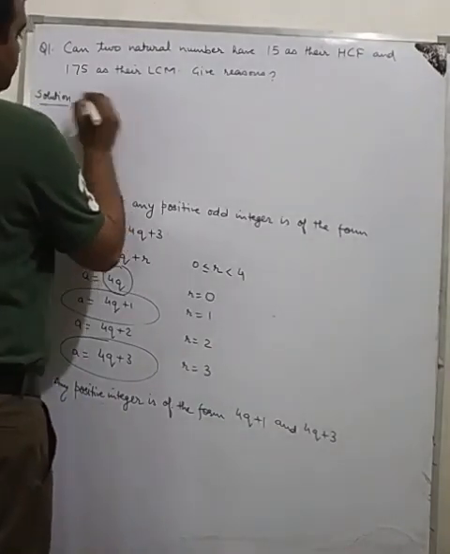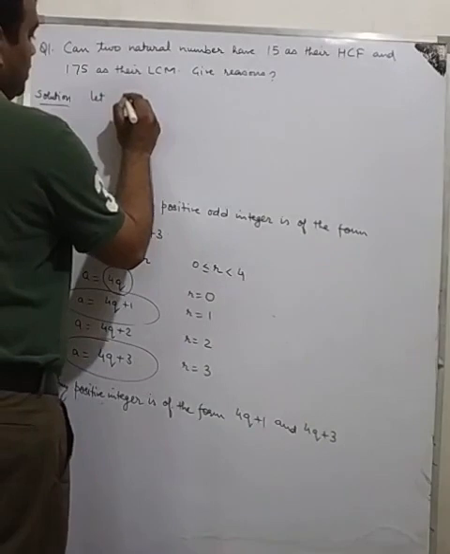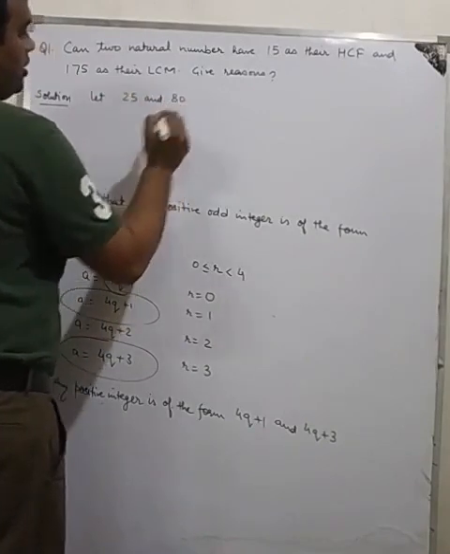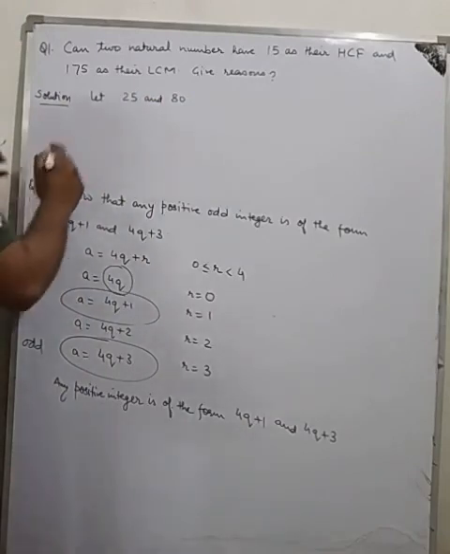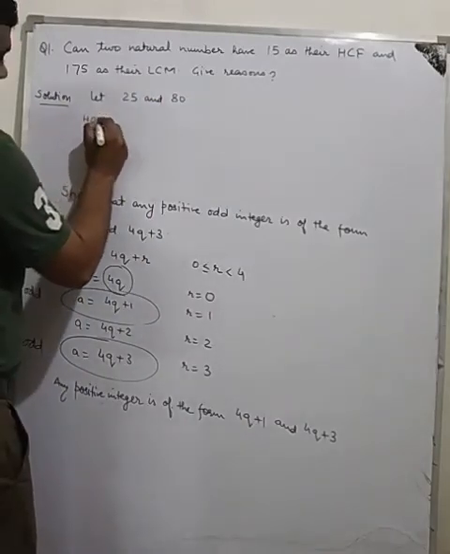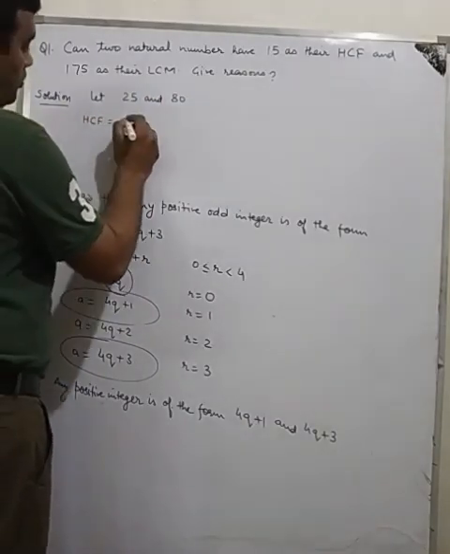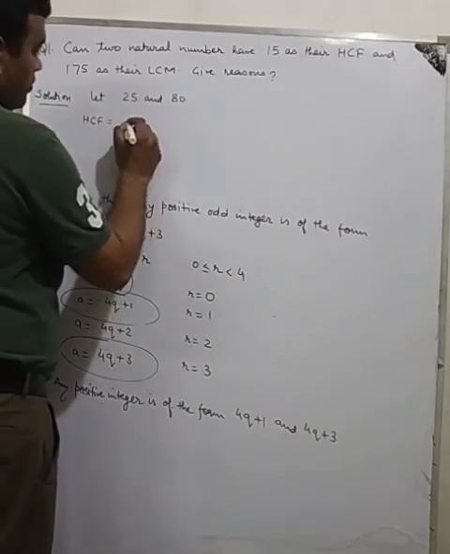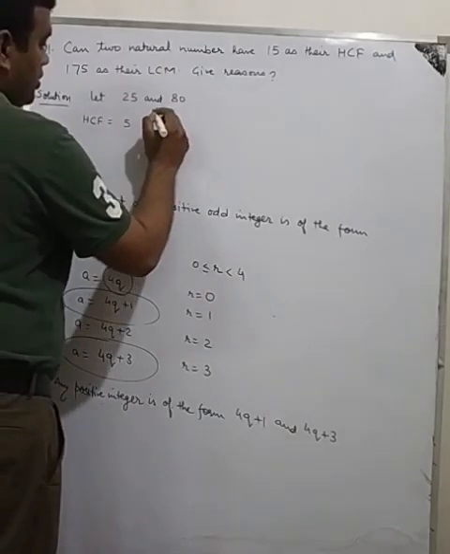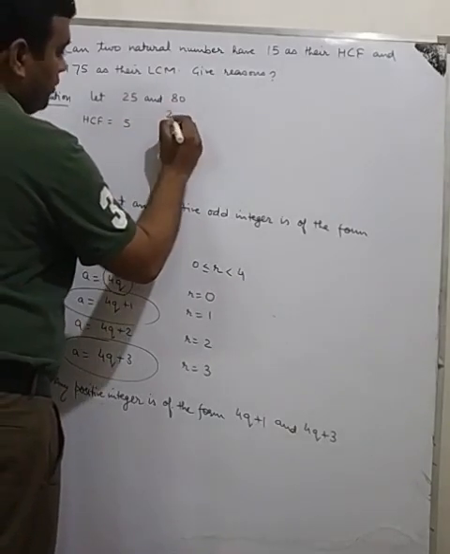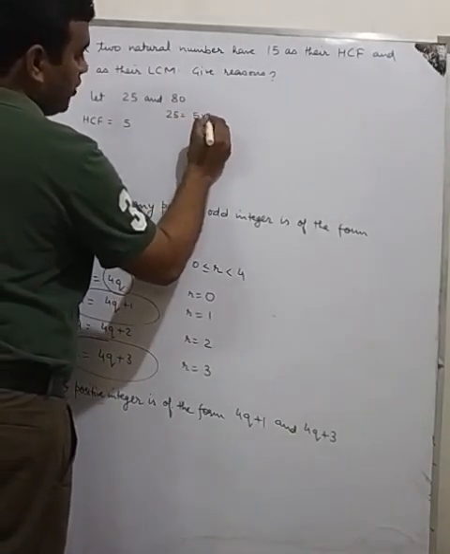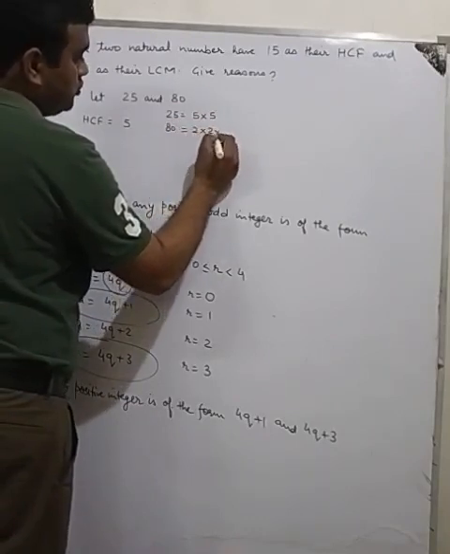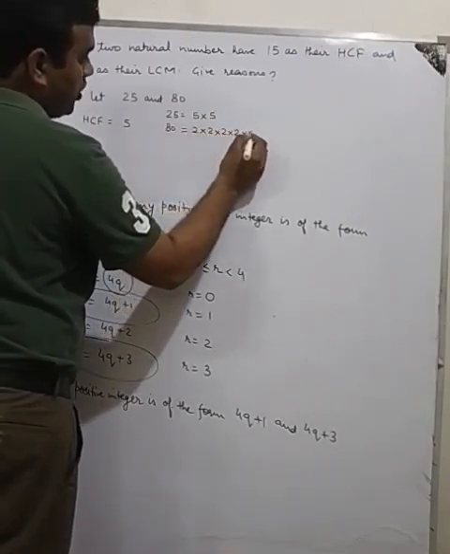Let the numbers be 25 and 80. So HCF is equal to 5. How? 25 is equal to 5 into 5. 80 is equal to 2 into 2 into 2 into 2 into 5.